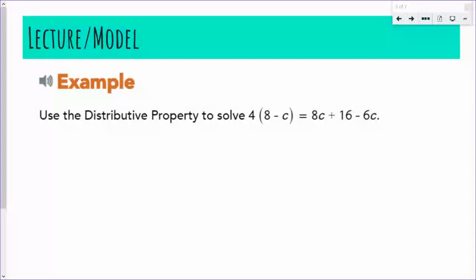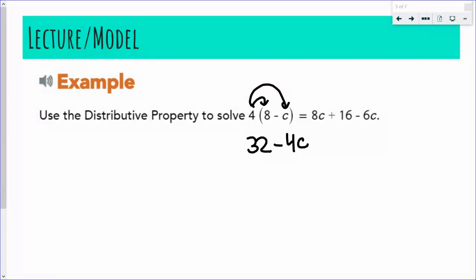All right, use the distributive property to solve 4 times (8 minus c) equals 8c plus 16 minus 6c. So the first thing I'm going to do is use the distributive property. 4 times 8 would be 32 minus, because there's subtraction in the middle, 4 times c would be 4c.